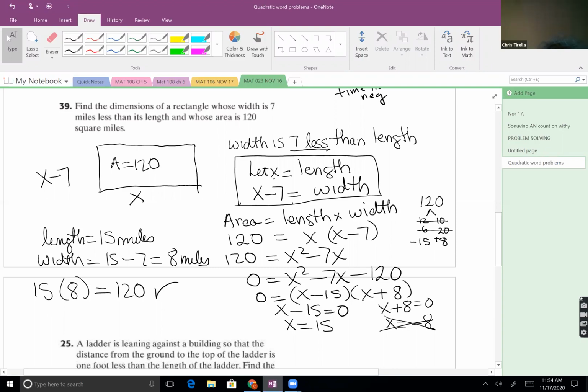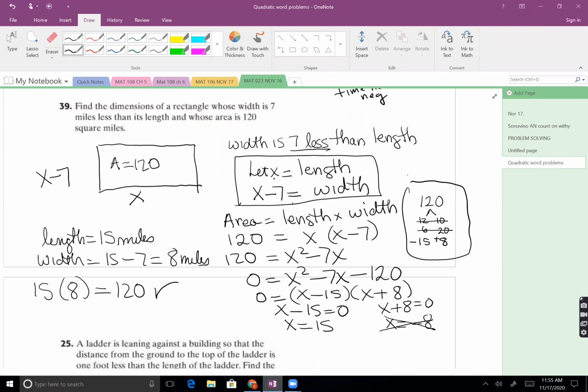I believe there might be 1 or 2 word problems on the test, yes. Okay. How does this one look? I think probably the hardest part is coming up with factors of 120 that give me that 7 in the middle. Not gonna lie, I started with the obvious 12 and 10, 6 and 20, and realized that they didn't work. And then I had to start playing around with the numbers until I got 15 and 8.